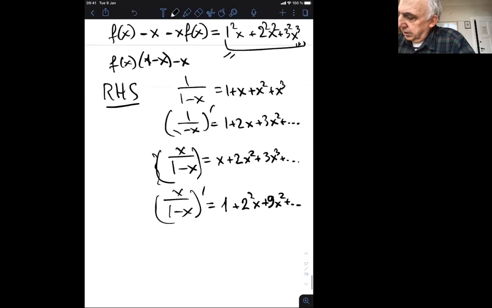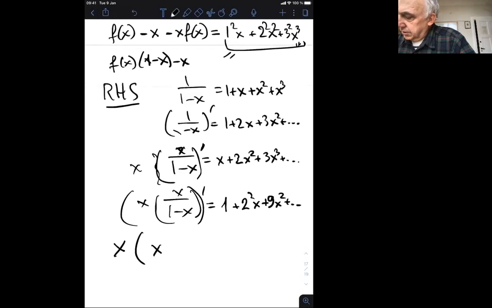This is x times the first derivative. So if we differentiate this thing again, we'll be getting almost what we want, and then we'll have to multiply it by x to get the final answer.